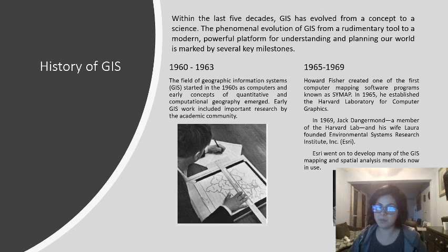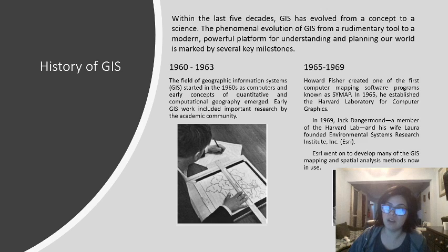So we were talking about the 60s where all this information started. That was where the first early GIS work started with the research in the academic community. From 65 to 69, that's where Howard Fisher created the first computer mapping software, which was the SciMap.